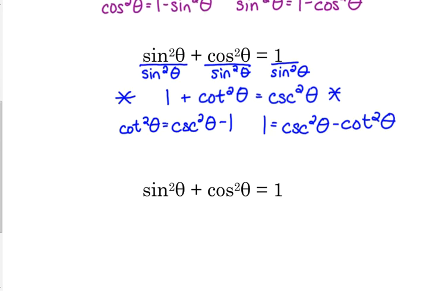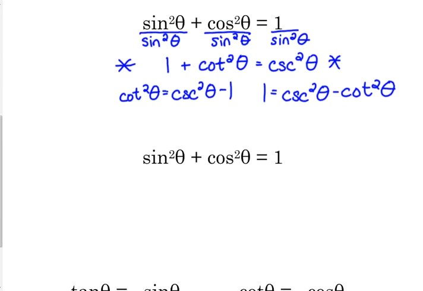Okay, so how do you think maybe we're going to get the third version? Divide by cosine squared. Okay, divide by cosine squared.